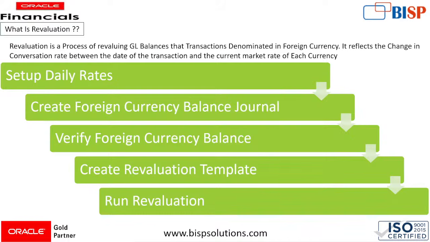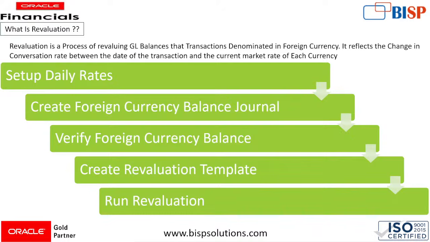So what are the steps behind the revaluation? First we will set up the daily rates. You have to update the daily rates and create the foreign currency balance journal. Verify the foreign currency balances.